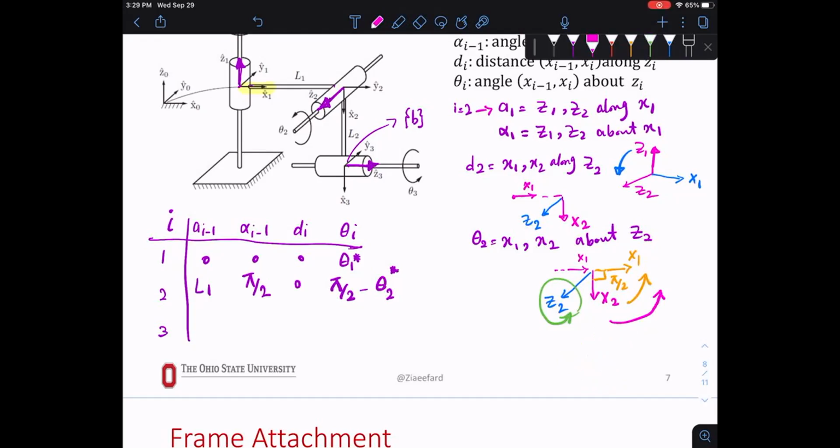What is happening during the rotation is that if I rotate this, I'm going to use the blue to show you what's going to happen. Because x2 is connected to z2, they move together. If some theta star happens, this is going to be your new x2.